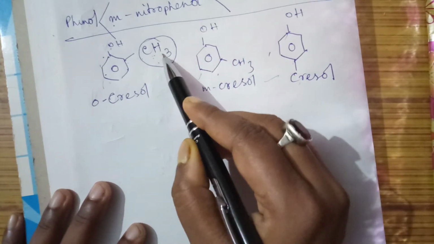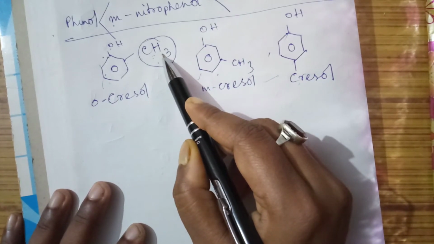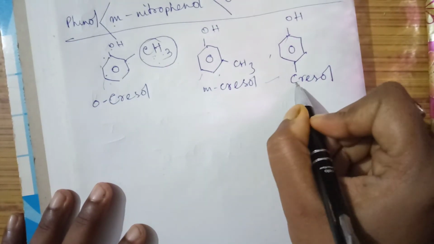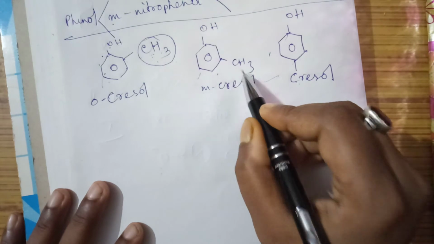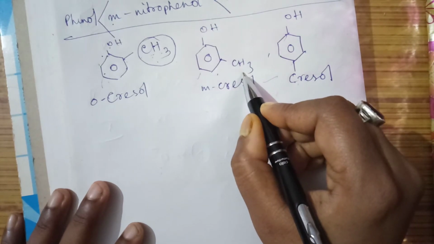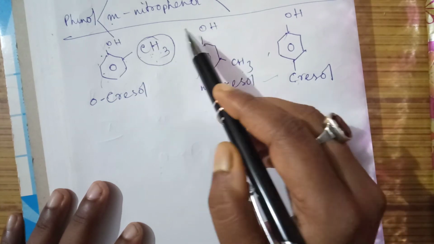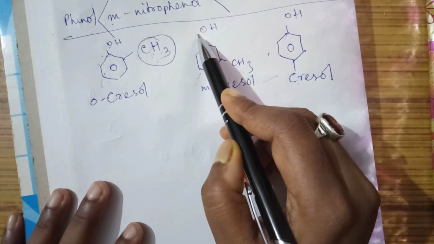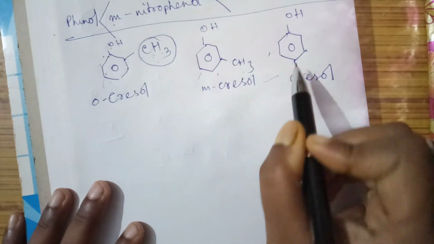So the plus I effect is shown prominently from the ortho and para positions. But methyl at the meta position cannot show its plus I effect on this oxygen. Hence it is more acidic than orthocresol and paracresol.